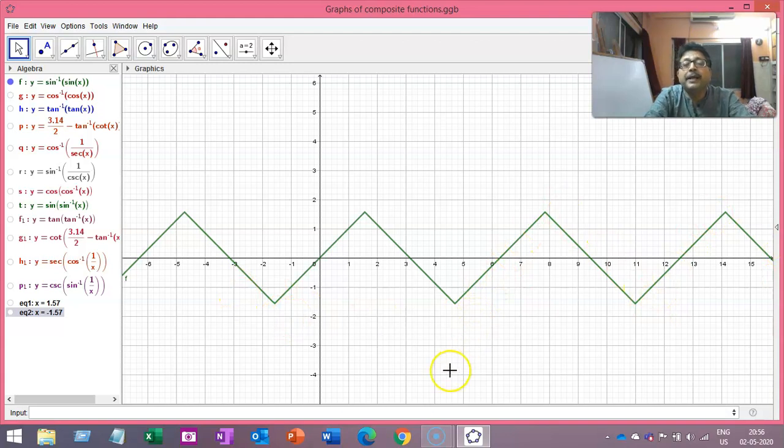So if I can find the position of these two points, which I am doing by plotting x equal to -pi by 2 and x equal to 3 pi by 2, the length you can say is going to be 2 pi. The length of the interval is going to be 2 pi. Let us plot x equal to -pi by 2 first.